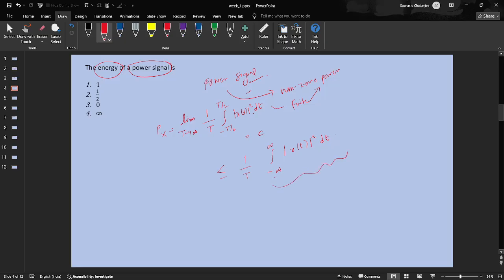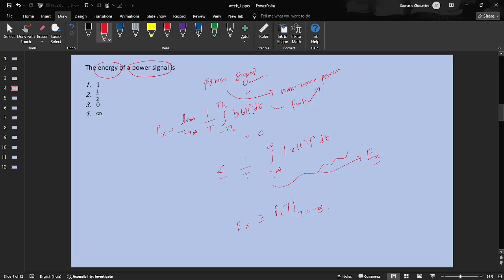Now this thing here is what we already defined as the energy of the signal. So that is essentially saying that the energy of the signal is greater than or equal to 2 Px times T, and this is when evaluated at T as infinity.